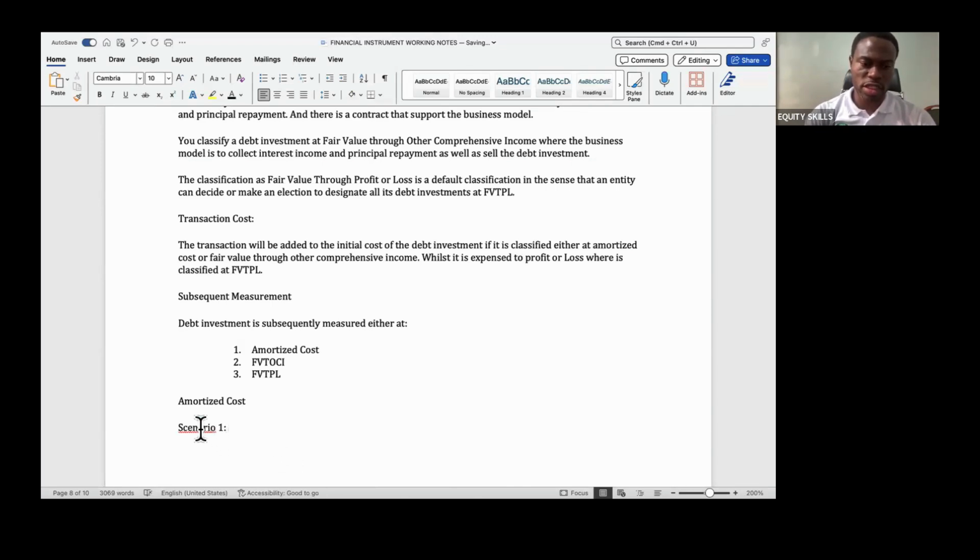Let's say Wasil PLC purchases a 10 million naira 5% commercial paper from Dangote PLC.